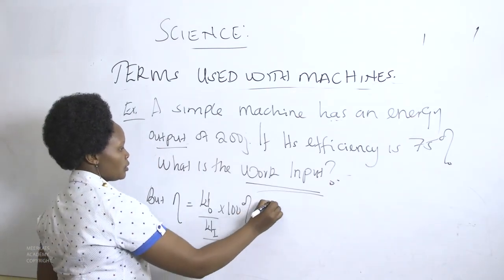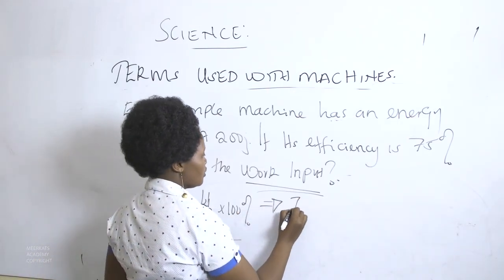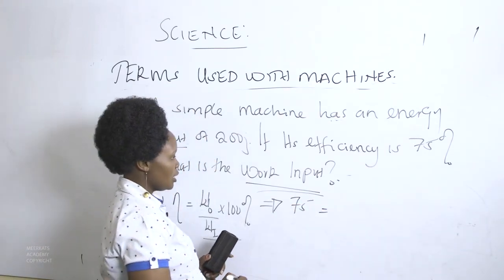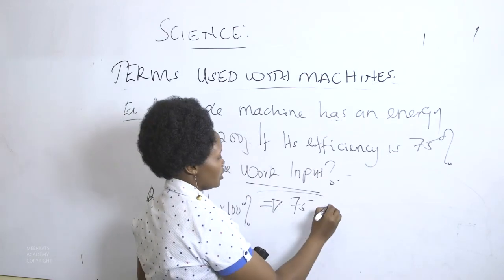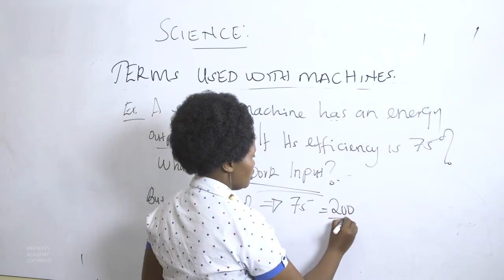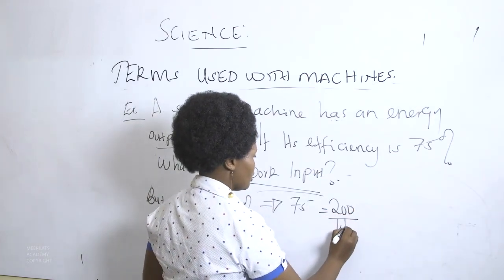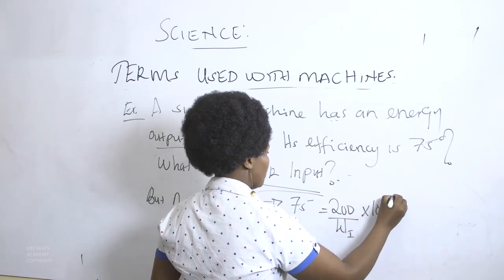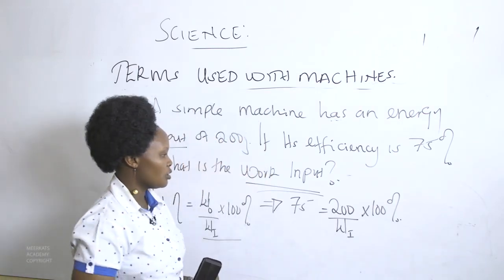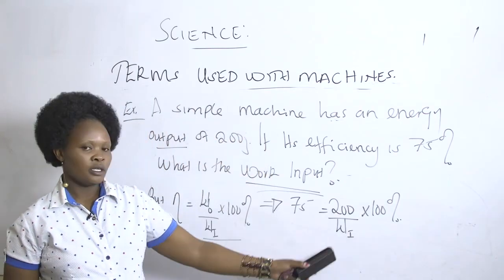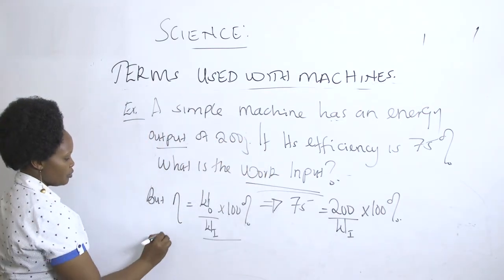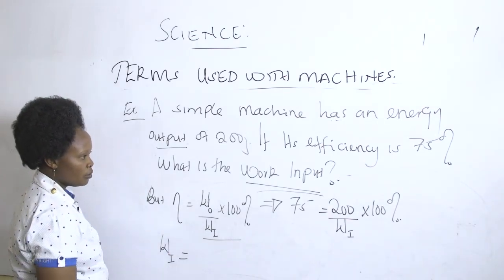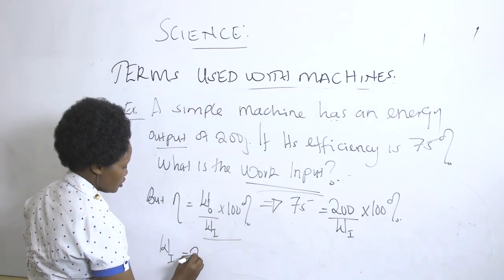That's to mean 75 has been arrived at by taking our work output, dividing it by work input, and expressing it as a percentage.